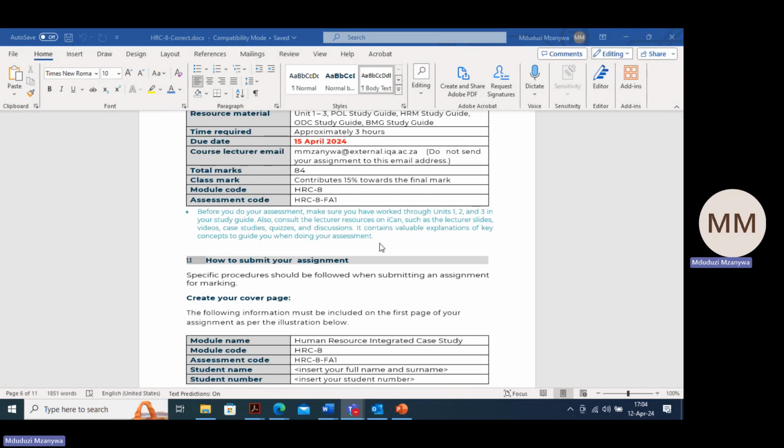So please, just before you do this assessment, make sure you did work through your units 1, 2, and 3 in your study guide, and also that you would have come across this on different mini quizzes and mini tests on ICANN. So please, you would also consult the resources that are on ICANN for you.